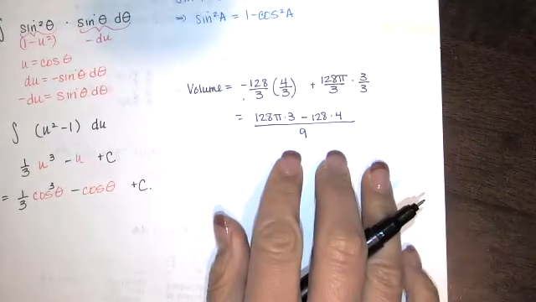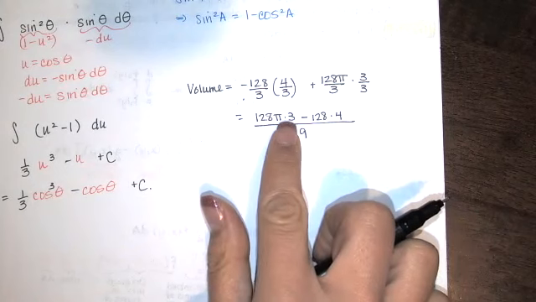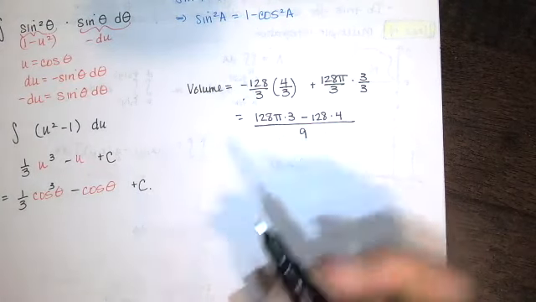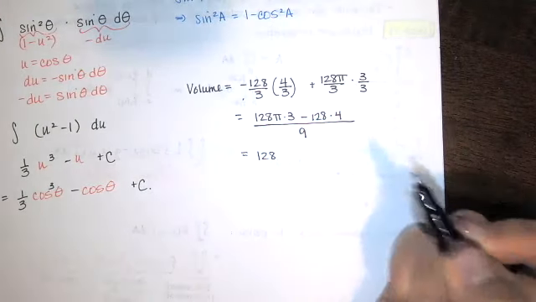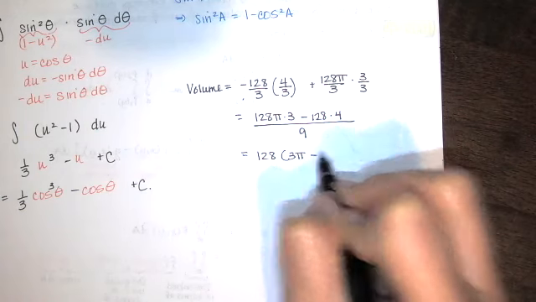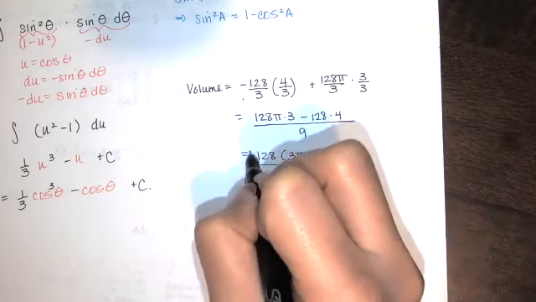Getting that common denominator gives me this. And I see a 128 times 3 and a 128 times 4. So we could factor out that 128. This is 128 times 3 pi minus 4, all divided by 9.